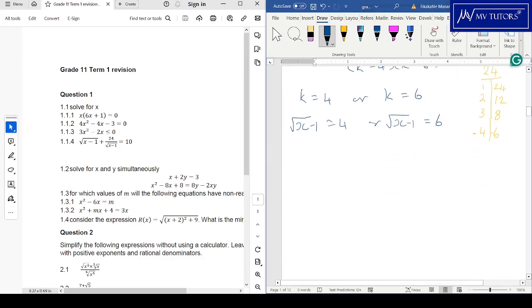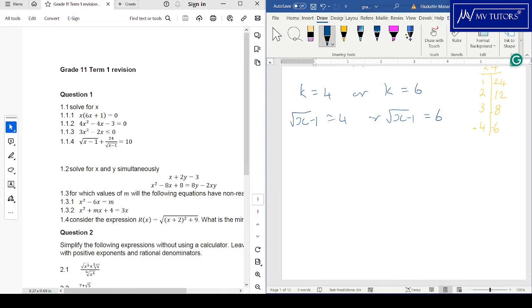Now with this one, in solving x, I square both sides to get rid of the square root, and then I'll be left with x minus 1 is equal to 4 squared, which is 16. Or this side, do the same thing, square both sides, and then I'm left with x minus 1 is equal to 6 squared, which is 36.